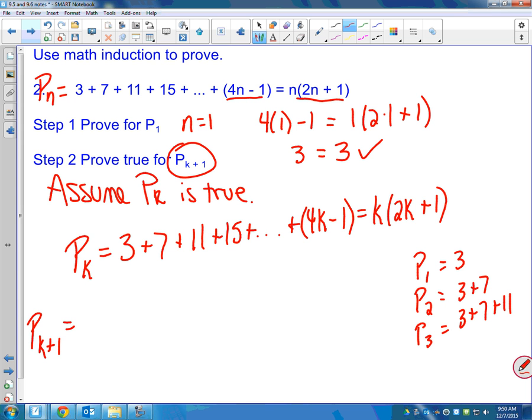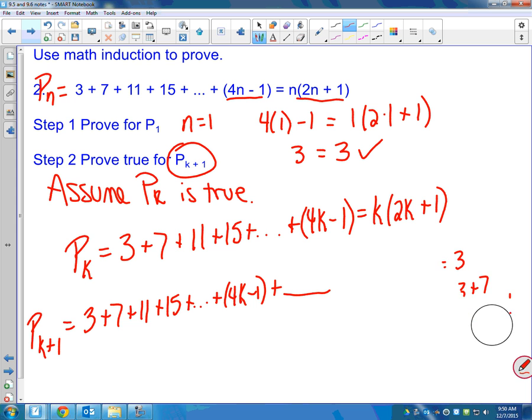So for the k plus 1 term, I'm going to write all this again. I'm going to write 3 plus 7 plus 11 plus 15 plus dot dot dot plus 4k minus 1, plus, I have to write the next term, the k plus 1 term. So for number 2, I wrote number 1 plus the second term. For the third term, I write 1 plus 2 plus the third term. So for the k plus 1 term, I'm going to write all the terms before it, plus the next term.